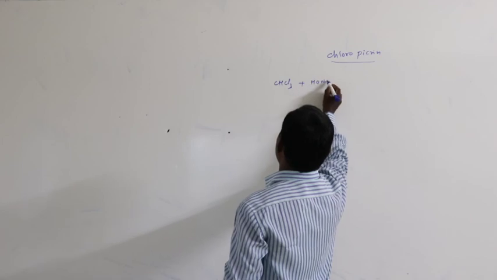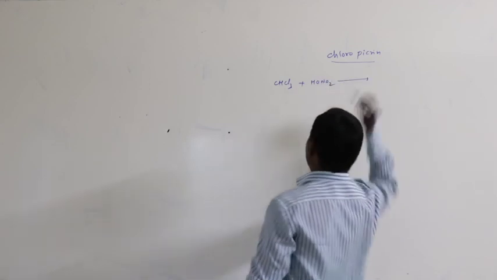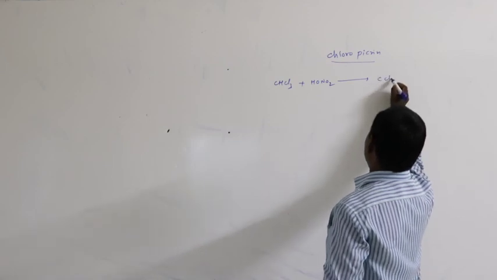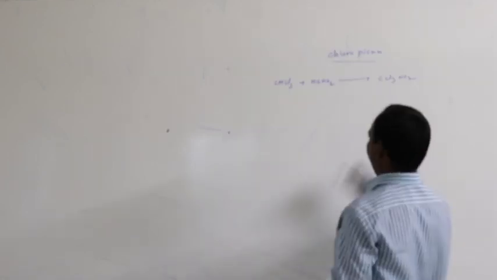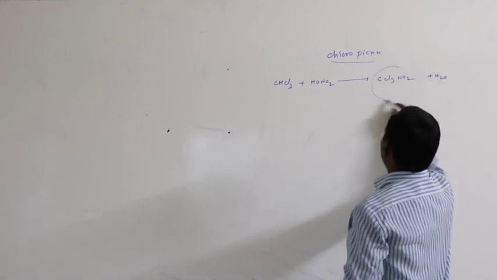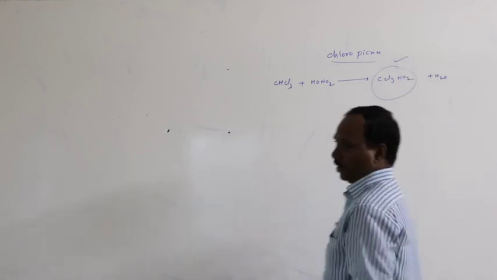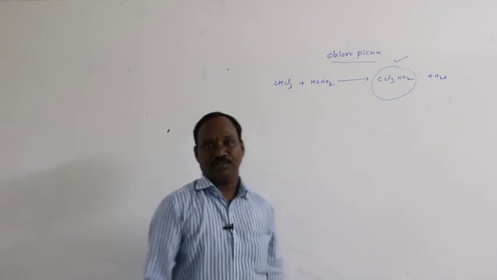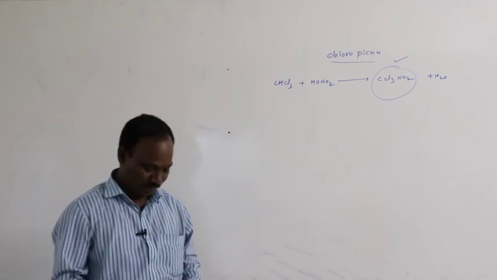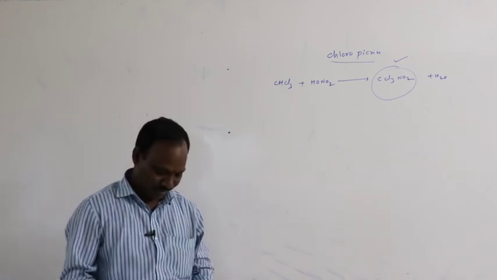Chloroform on treatment with nitric acid, HNO3, gives CCl3NO2 plus water. This compound is called chloropicrin. It is also used as a tear gas. CCl3NO2, chloropicrin.